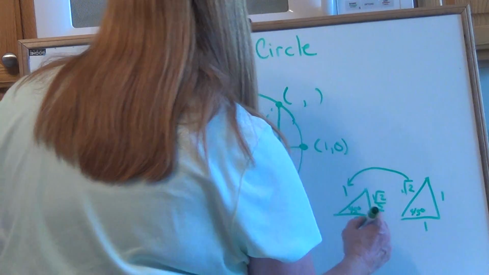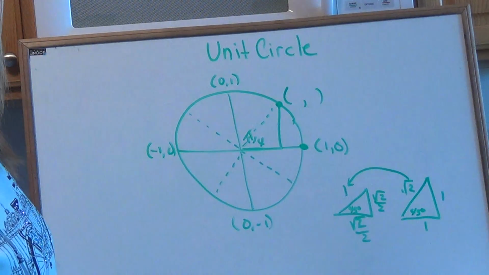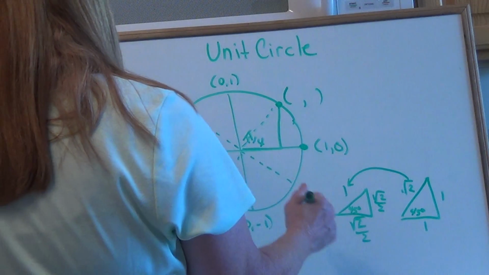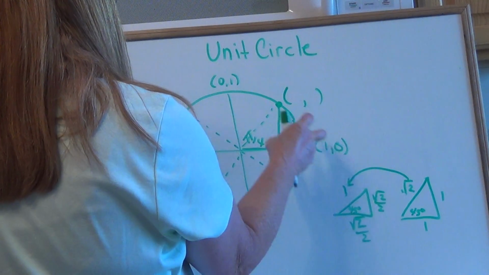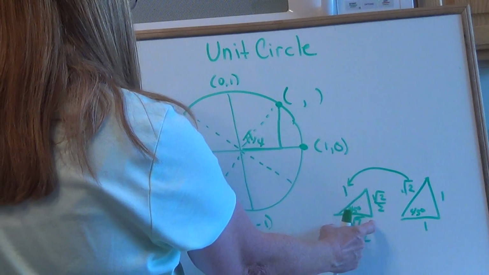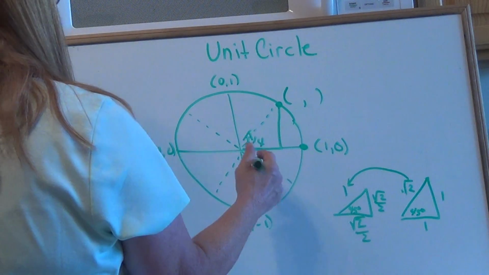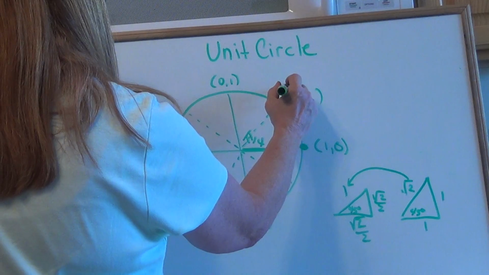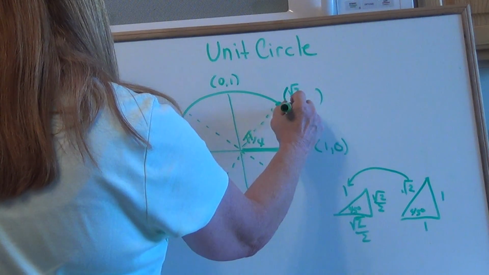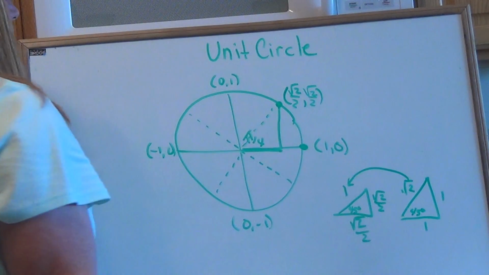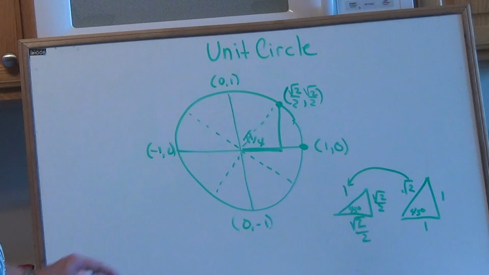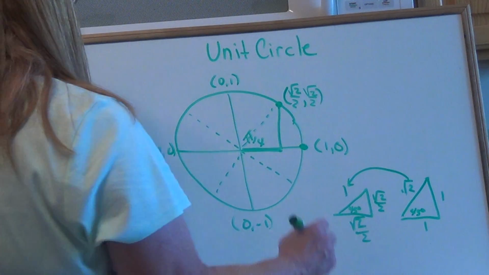Square root of 2 over 2, if that shows up. I think it does. Alright, so that tells me over here, since this triangle came from here, and this is square root of 2 over 2, so is this. So I went over square root of 2 over 2, and up square root of 2 over 2. So that's the coordinates of pi over 4 on the unit circle.